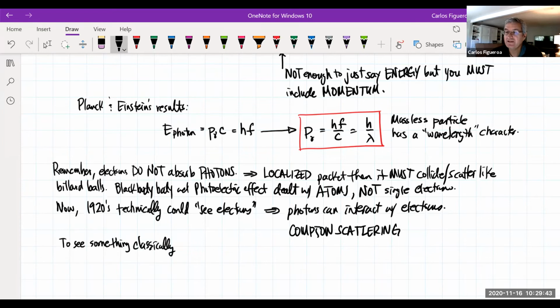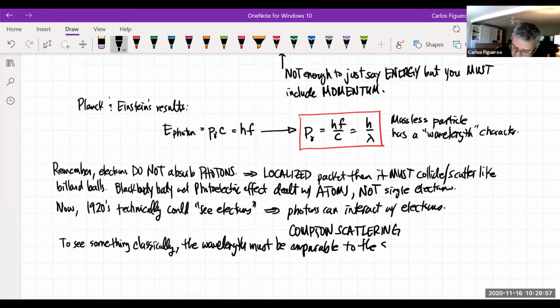To see something classically, the wavelength must be comparable to the size of the object. So if it's the size of the object, now look what I'm going to do here. Now I'm going to go back to quantum physics.